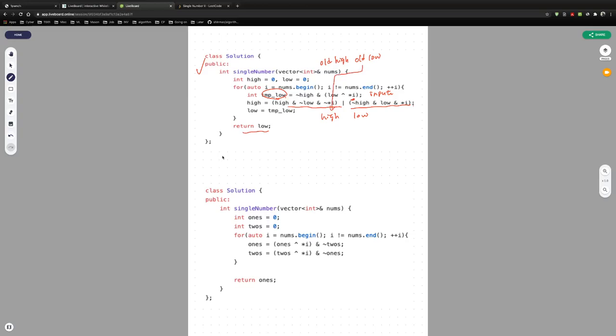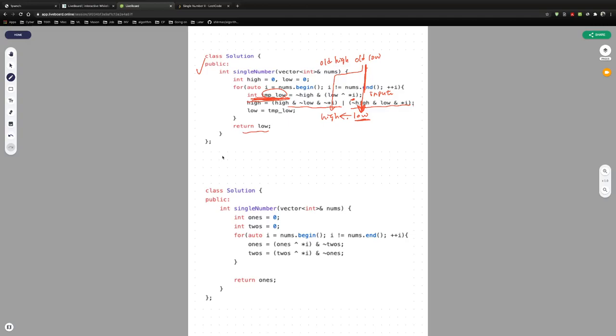However, if we just calculate the result and put it into the low bit in the first line, it will change its result. And now if we want to calculate high with the low bit, the result depends on the new low bit, and the result of high will be wrong.